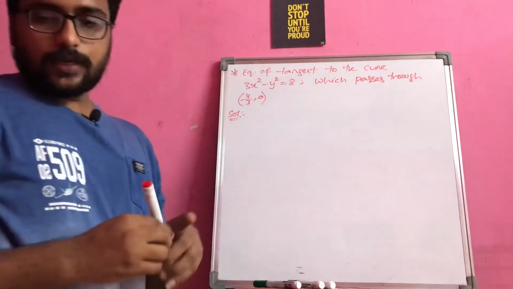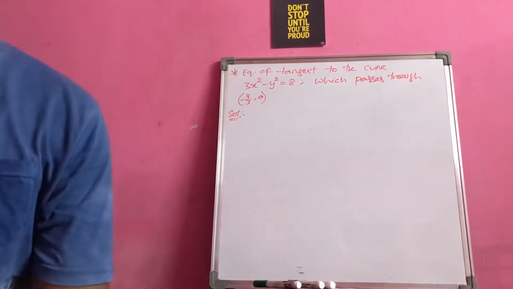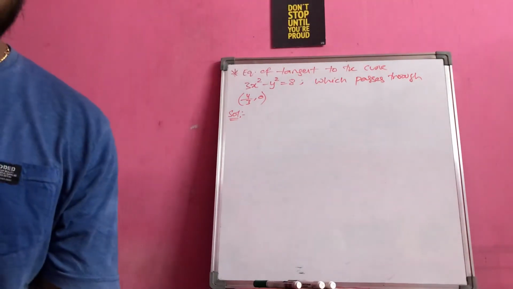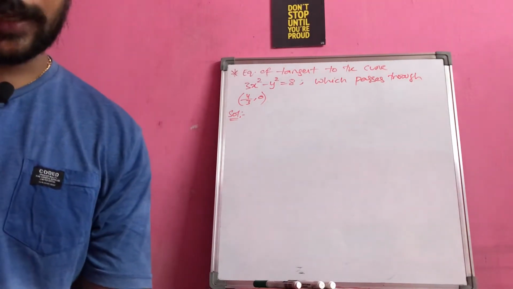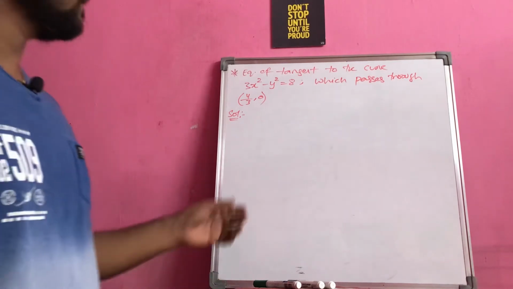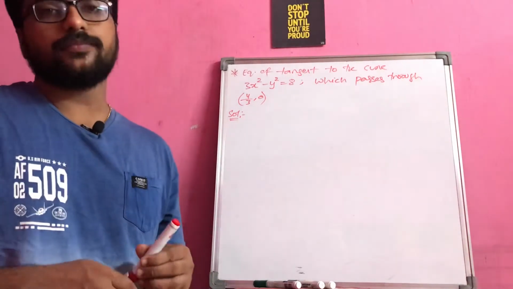See the question. Try to understand the question now. Find the equation of tangent to the curve 3x square minus y square is equal to 8, which is passing through the point (4/3, 0).